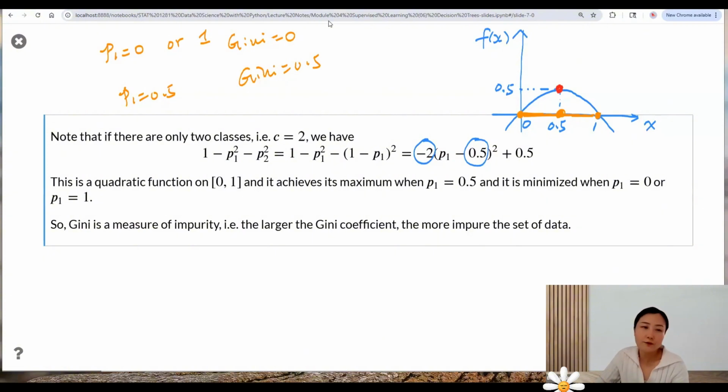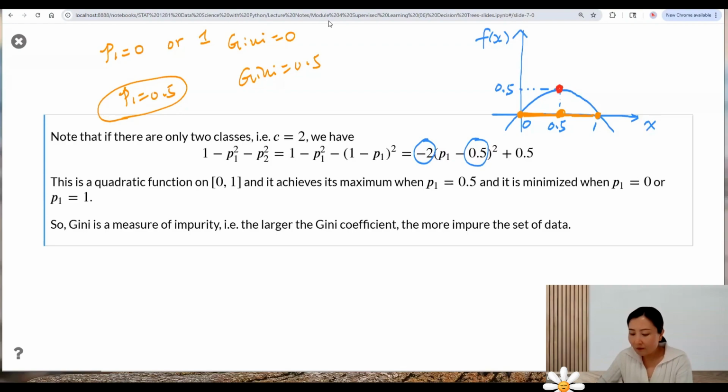So apparently, the Gini coefficient is a measure of impurity. When p1 is 0.5, the set is completely random, sort of a complete chaos. When you randomly pick one element from the set, there is a 50% chance that it is 1 and 50% that it is 0. So it's completely random, and Gini achieves its maximum.